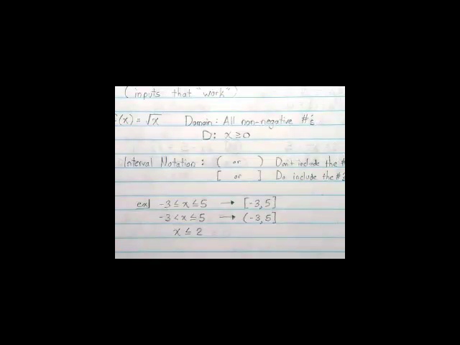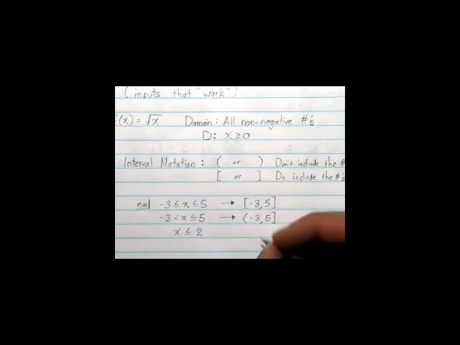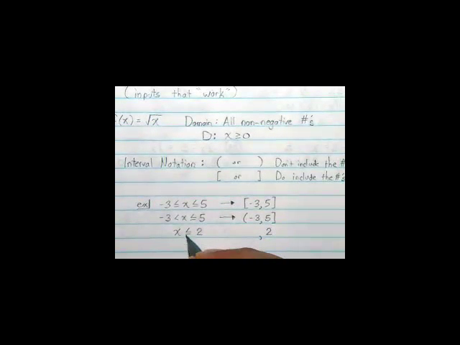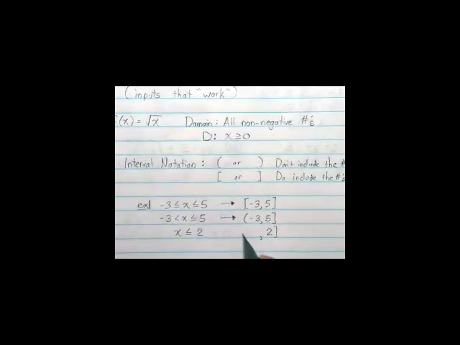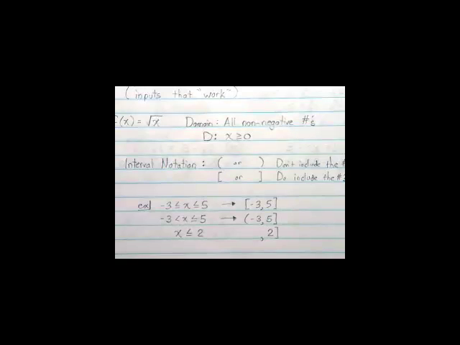It can't go any higher than 2, right? So we know this is a 2, and it's less than or equal to 2, so we put a bracket on that. But what's going to be over here? How far down can it go? It can go infinitely far down, right? Even into the negatives, infinitely far.